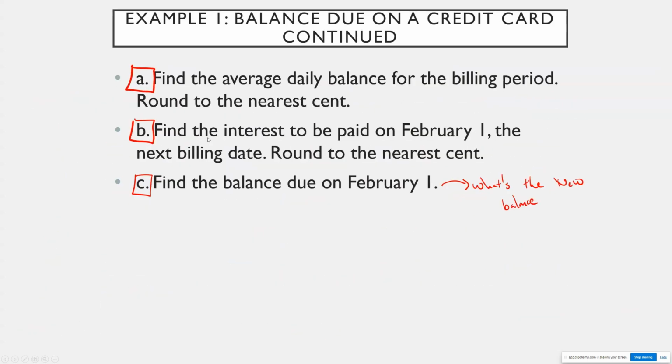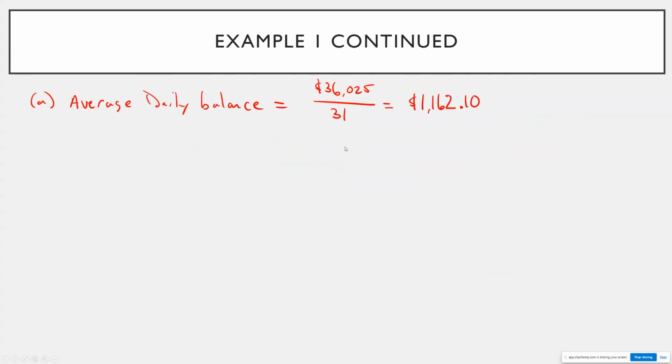So next, let's find the interest they're going to be charged. The interest that they're charged is equal to the principal times the rate times the time. The principal here is that average daily balance.